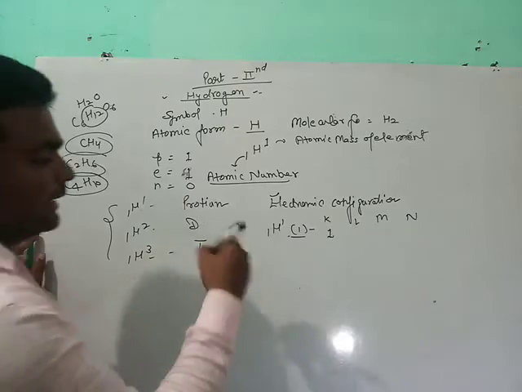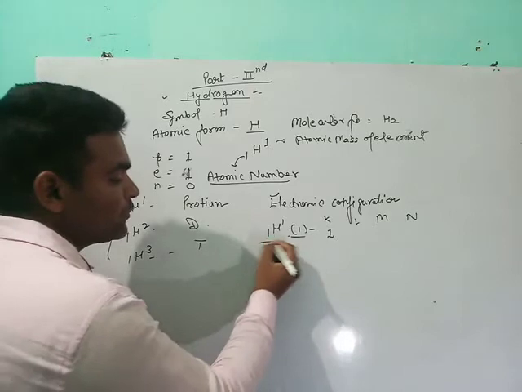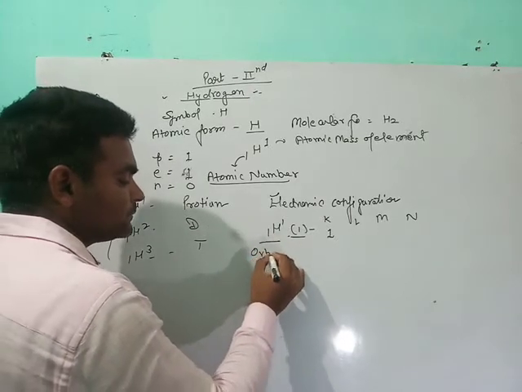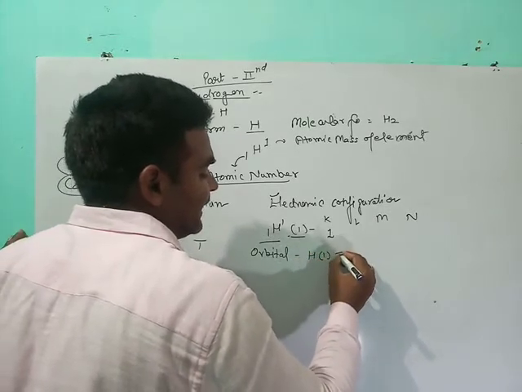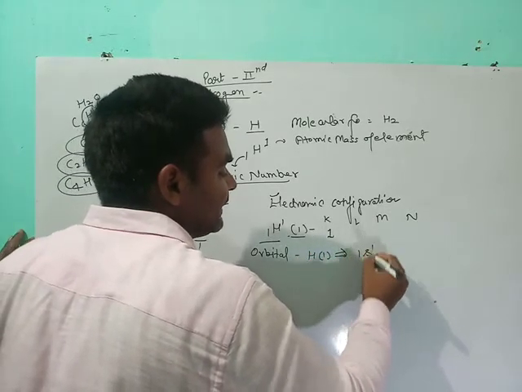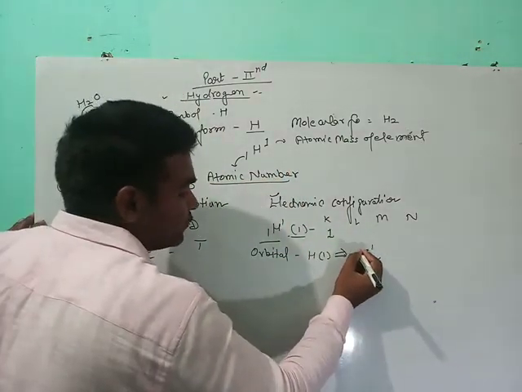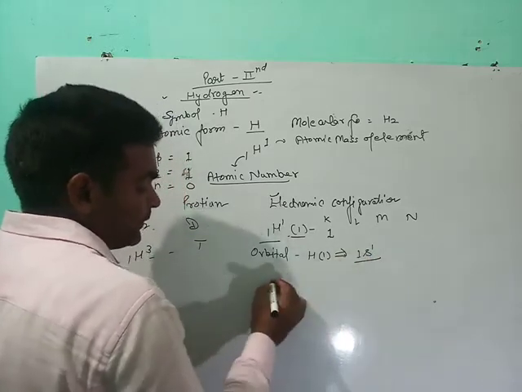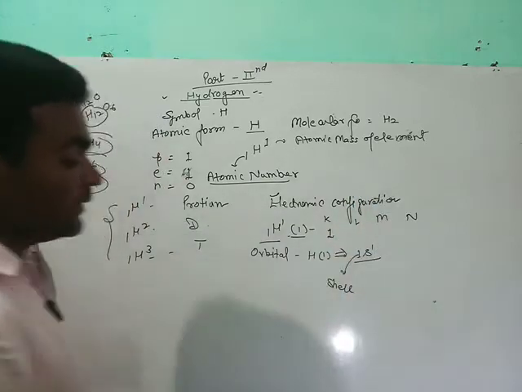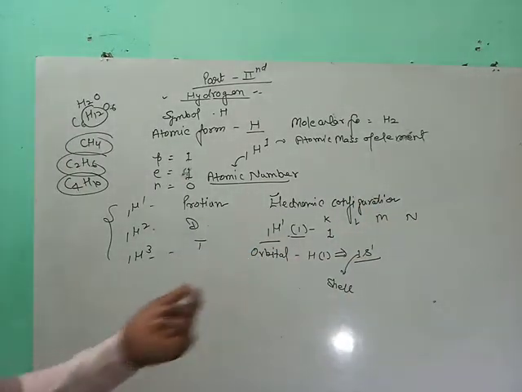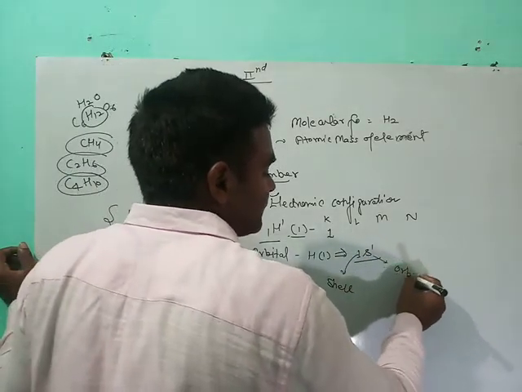And the modern electronic configuration of hydrogen, in orbitals, is written as 1s1, where this 1 represents the shell of the element, and this s represents the orbital.